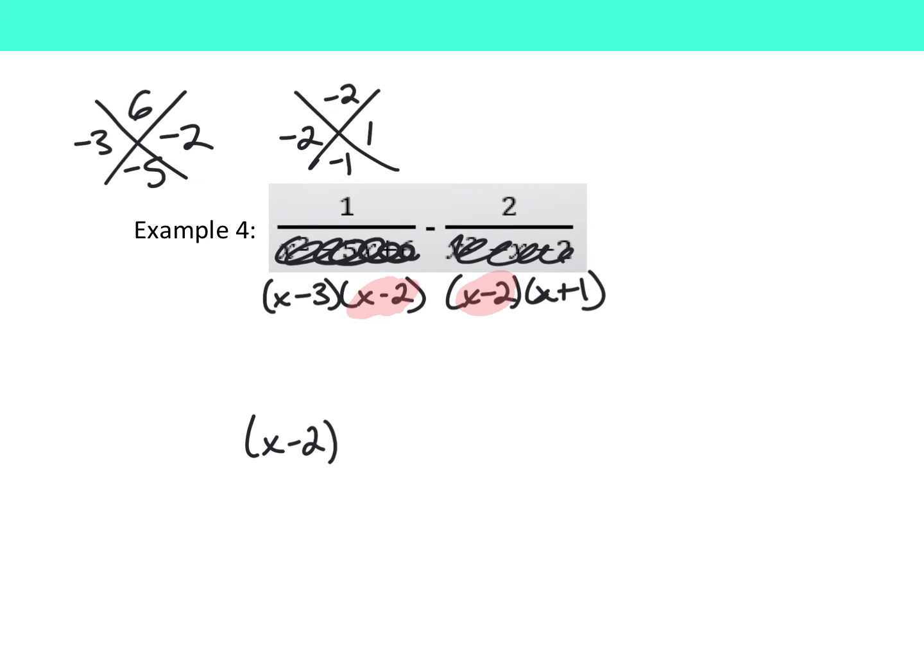What about those other two things, though? Don't we need everything? Yeah. Yeah, so we've got to have those two. I need this one, and I need this one. So my whole common denominator is going to be x minus 2, x minus 3, and x plus 1. It could be in any order that you put it in.